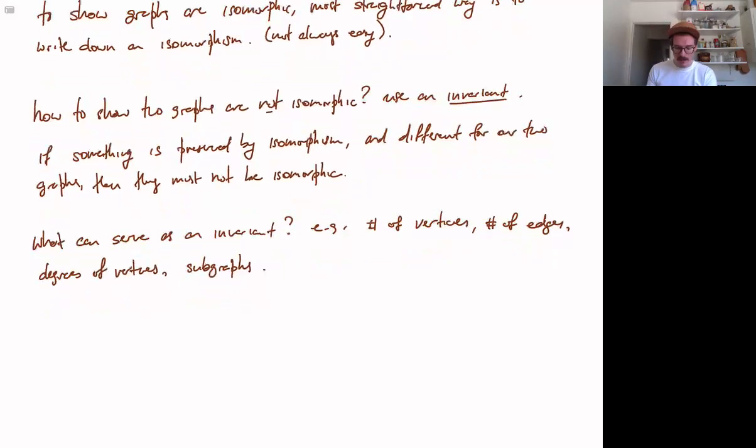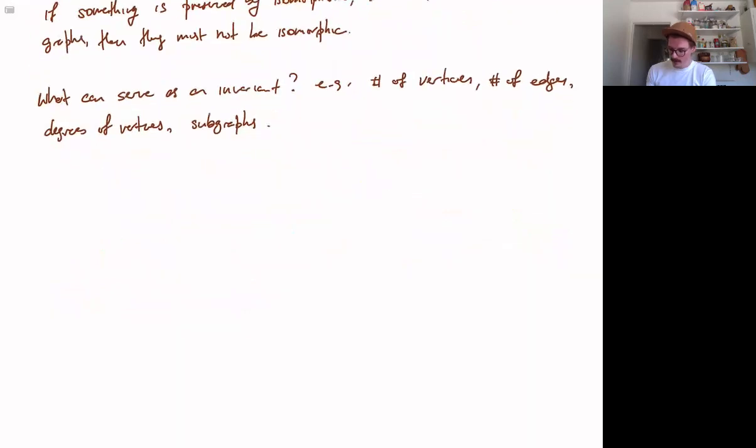So let's see examples of some of these things. So let's draw a lot of graphs. So here is a graph with 5 vertices.